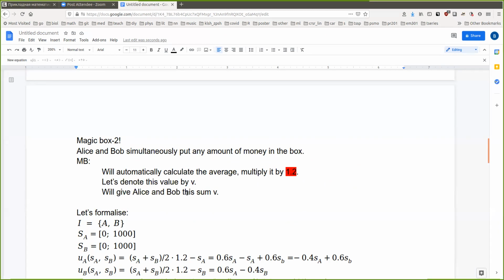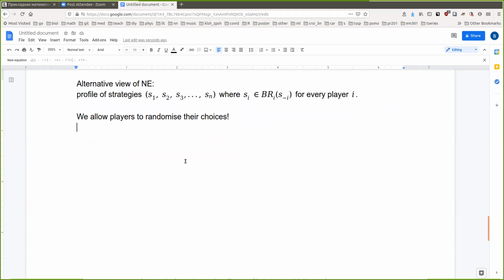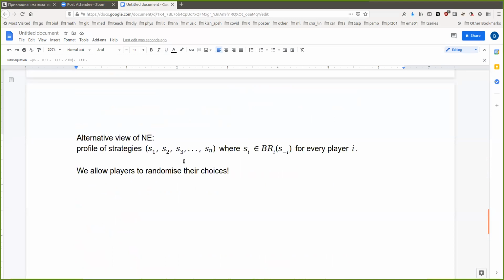Okay, what will change if we allow players to randomize their choices? The set of available strategies will be bigger. For example, in a non-randomized version of the game, I can either put 0 or 1000 rubles in the magic box. In that case, we have two choices.